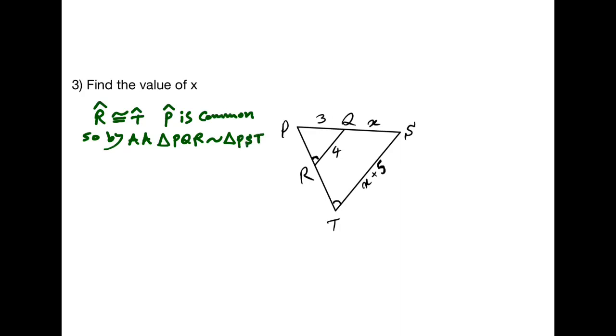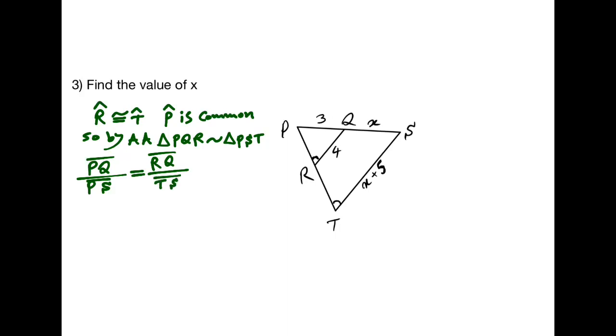Alright, so now let's write down the proportionality. Side PQ from the little triangle corresponds to side PS from the big triangle. Side RQ from the little triangle corresponds to side TS from the big triangle. So let's write it. PQ over PS must be equal to RQ over TS.